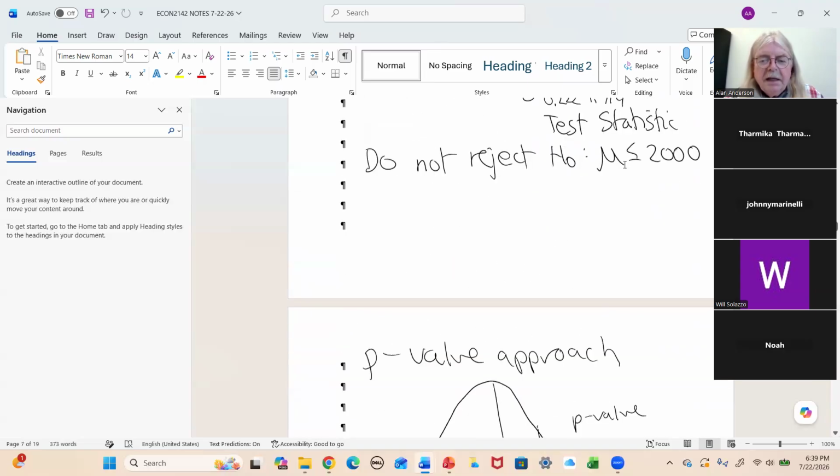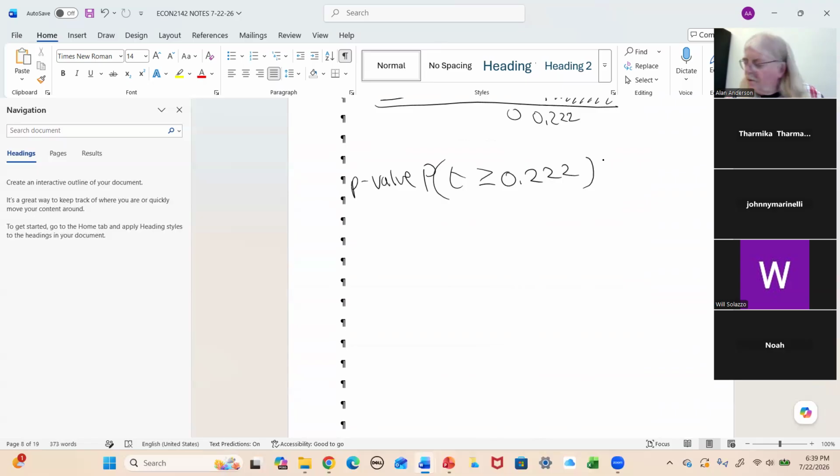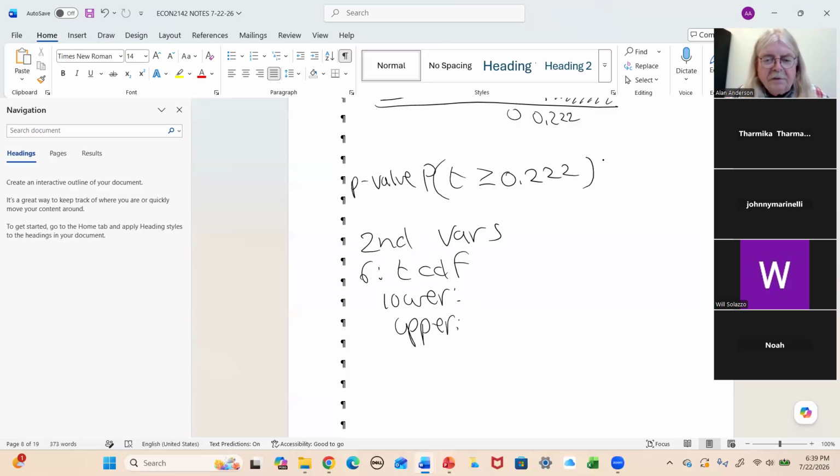What we have to do is go to second vars, and then we want number 6, which is TCDF. We'll ask for lower, upper, degrees of freedom.